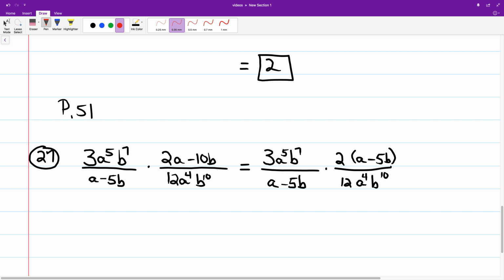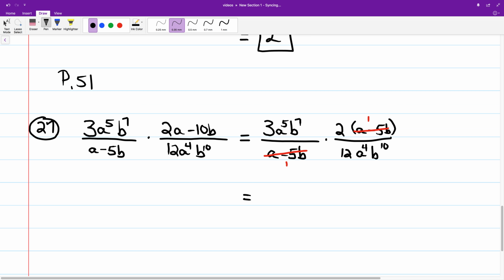And we have a minus 5b in both the numerator and denominator positions, so we can get this binomial to go out, and we'll just multiply the numerator and denominator terms.